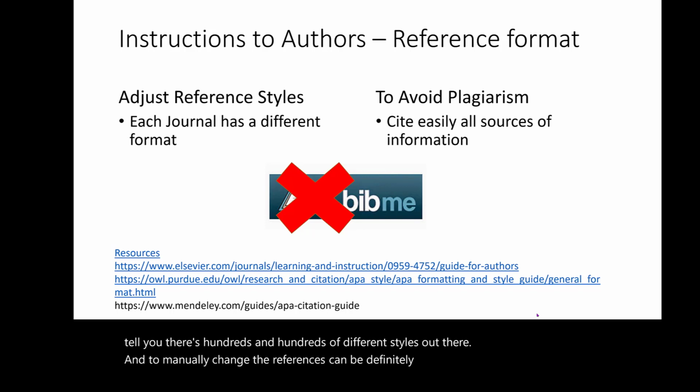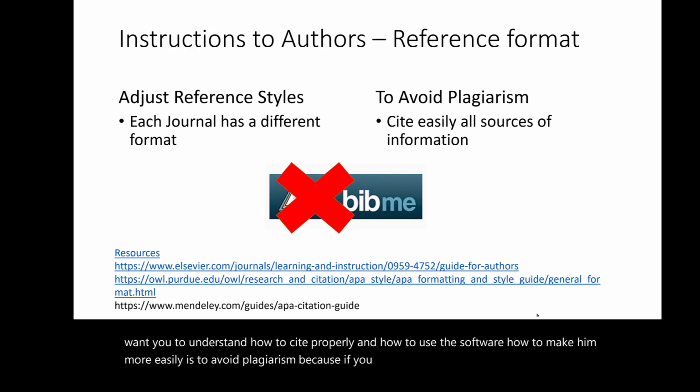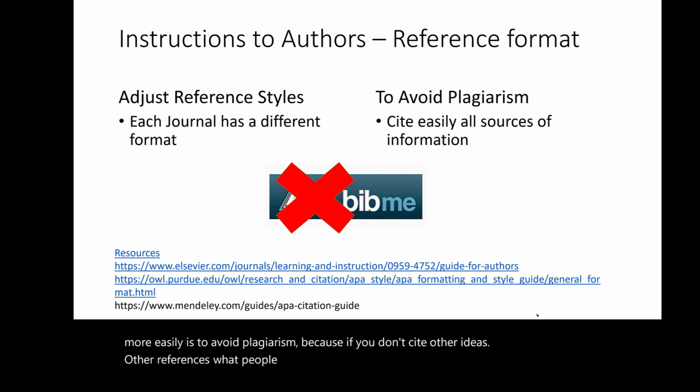The other reason why I want you to understand how to cite properly and how to use the software, how to make it easier, is to avoid plagiarism. Because if you don't cite other ideas, other references, what people have done before you, if you don't cite it properly, that is plagiarism, and it can cause a lot of trouble.